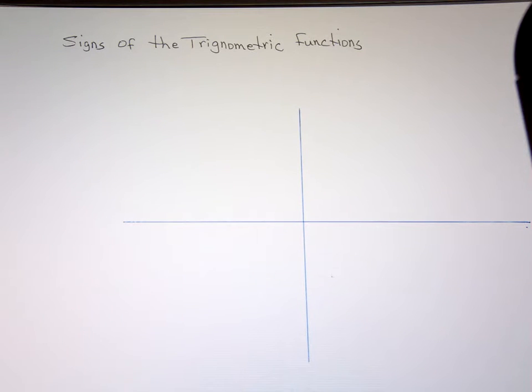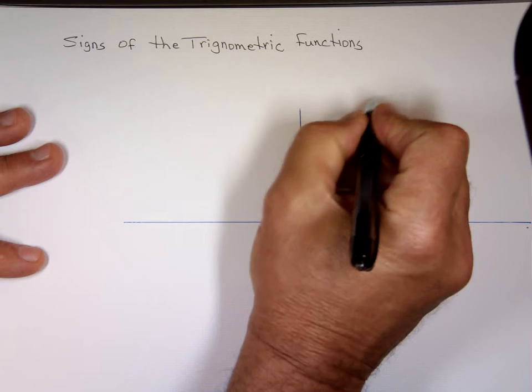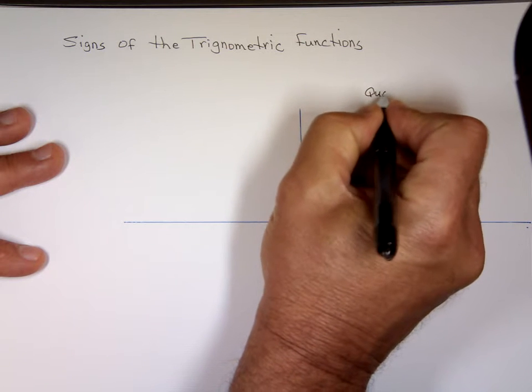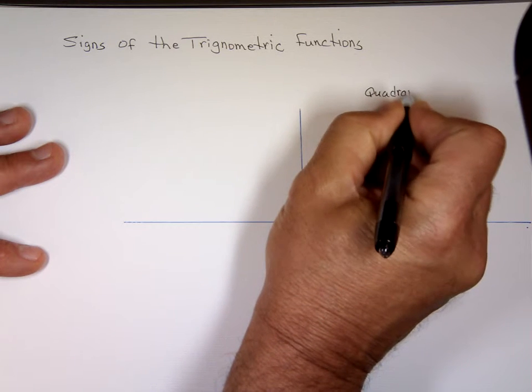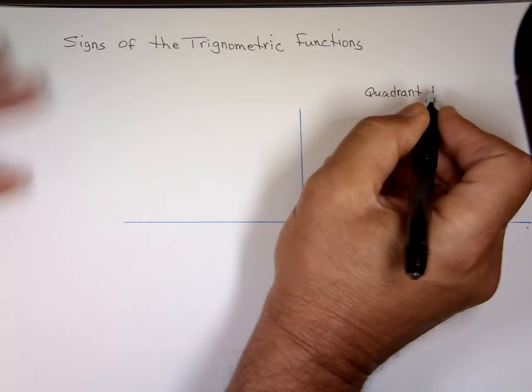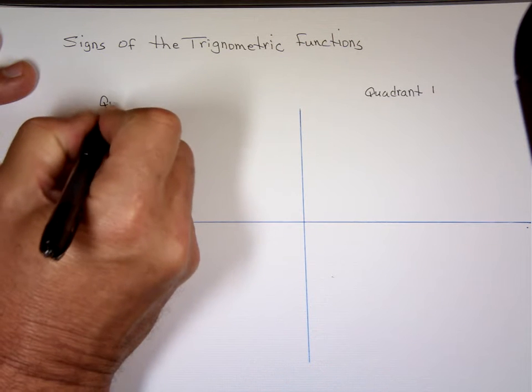In this section, or this chapter, we're going to talk about where the sine, cosine, tangent are positive and where they are negative. We have four quadrants. If you remember, this is quadrant 1. This is quadrant 2.